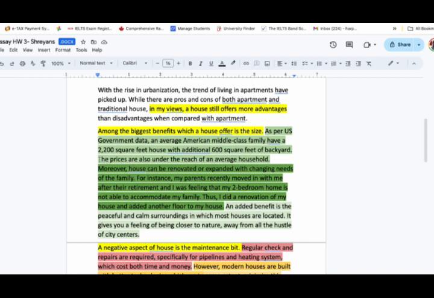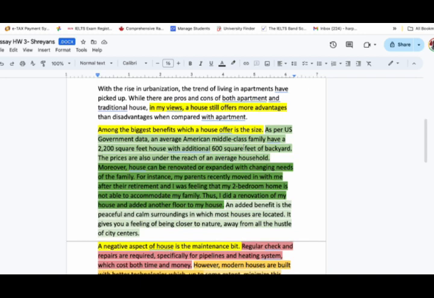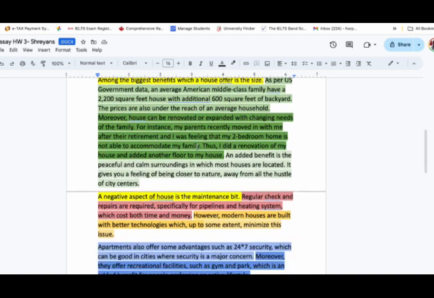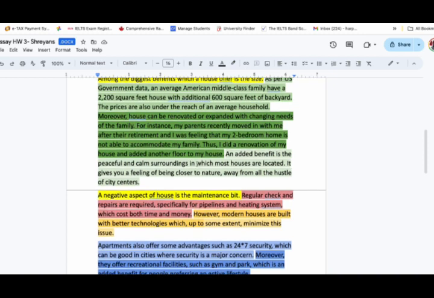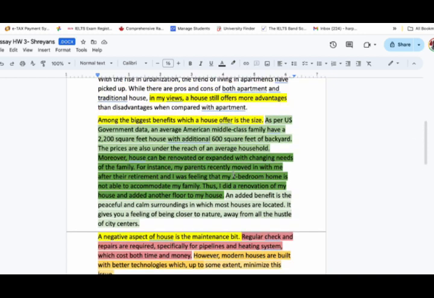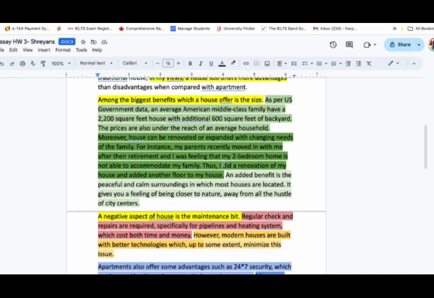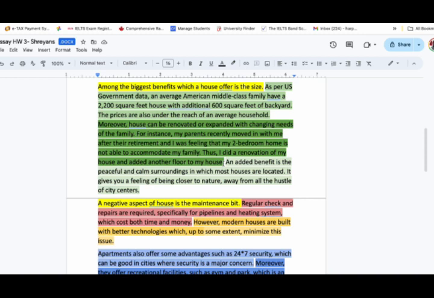So first he's explaining about the house, and then he's saying the prices are also under reach. So that's the first point. Then he's talking about the flexibility and an example. And then there is the third benefit, calm and peaceful surroundings. So we have a first body paragraph which talks about advantages of living in a house in detail. There are 3 points and all 3 are decently discussed or elaborated.